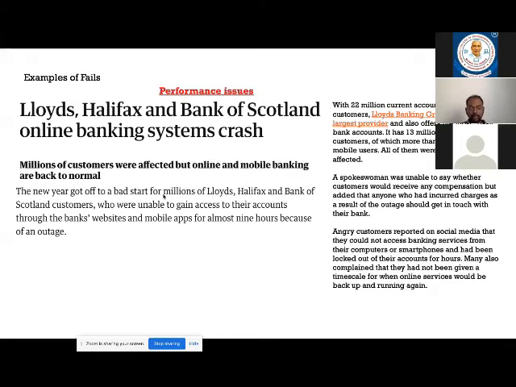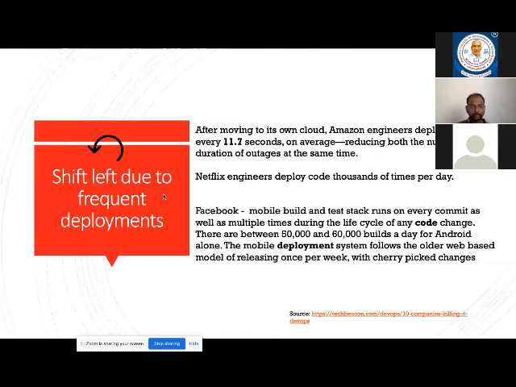The customers were not able to log in, and this resulted in a bank-wide reputational risk. This brought angry customers onto Twitter and Facebook, and they started to post about the problems they faced during the login. And this was not for just 1 hour or 2 hours, it was for more than 9 hours, which resulted in a bigger problem for Lloyds to rethink how they handle these performance issues.